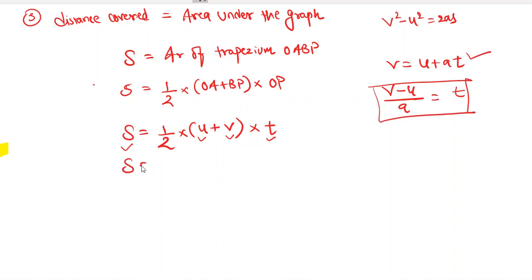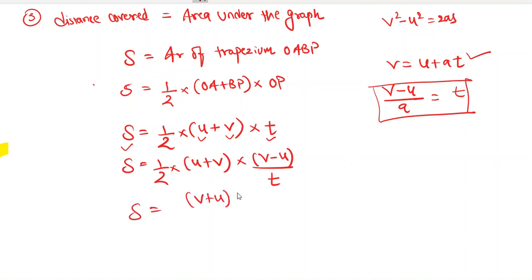So we can write this as half into U plus V multiplied by V minus U upon A. So S is equal to V plus U into V minus U upon 2A. Hey, there is one mistake.